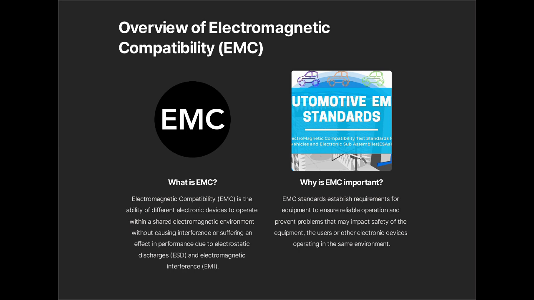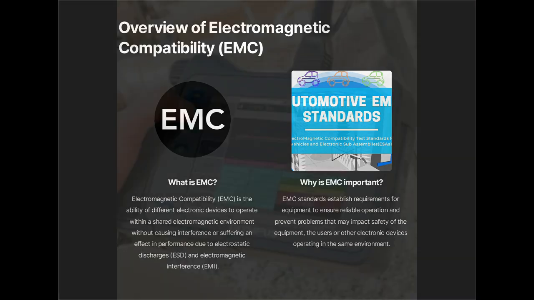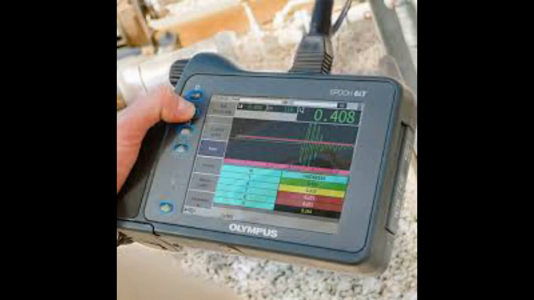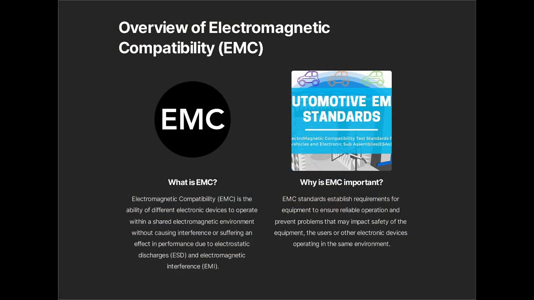EMC standards establish requirements for the equipment to ensure reliable operation and prevent problems that may impact the safety of the equipment, the users or other electronic devices operating in the same environment. So EMC is very important because EMC standards establish requirements for the equipment.